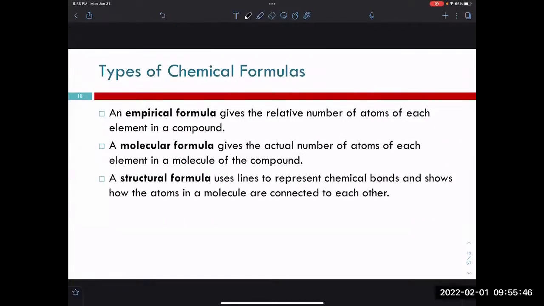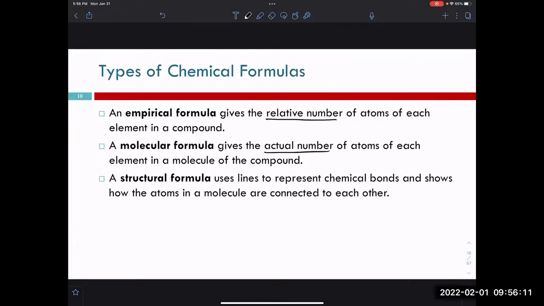The molecular formula gives the actual number of atoms of each element in a molecule of the compound. This is the relative number, the actual number. So the difference lies usually in larger molecules. Actually, it can be some smaller molecules.